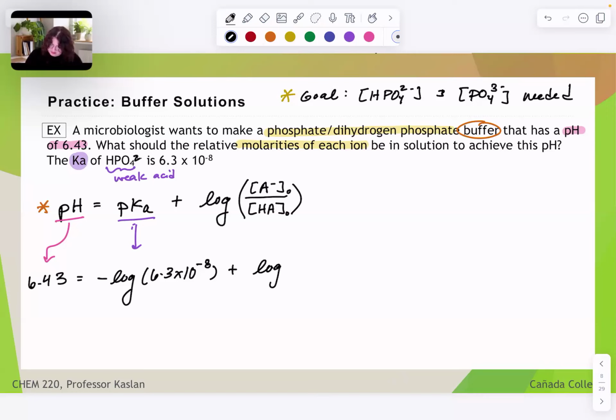Plus the log of the concentration of A minus. So what is A minus here? This is going to be the phosphate ion, because we were given the Ka for the dihydrogen phosphate. So that's the weak acid whose Ka is known, and its conjugate base must be the phosphate.